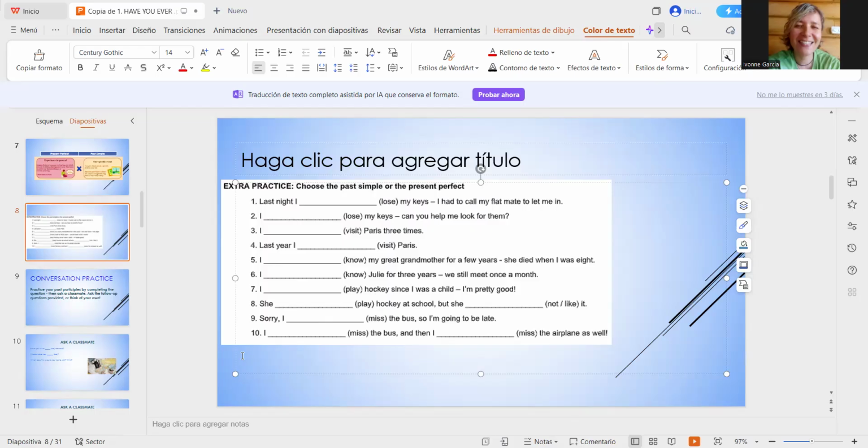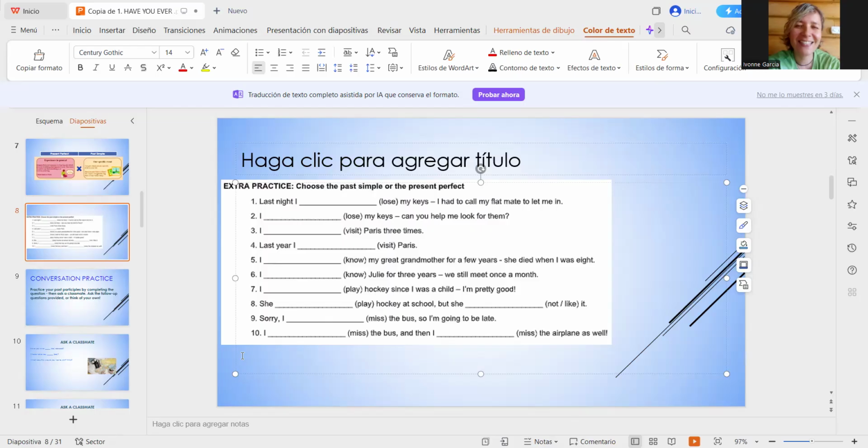Good, very good. In this case, we use the present perfect. I have visited Paris 3 times. Why? Because I am still alive. So maybe I will visit Paris again in the future.